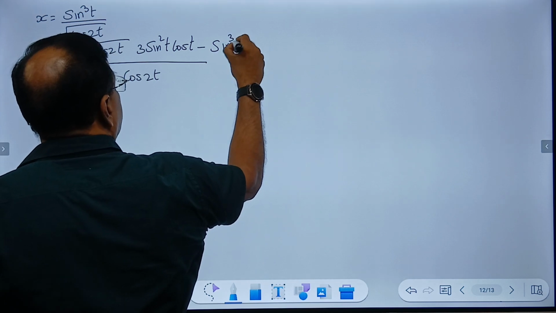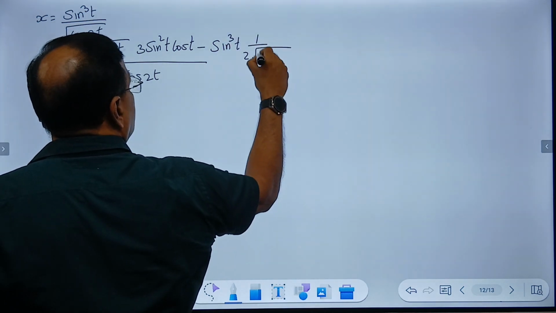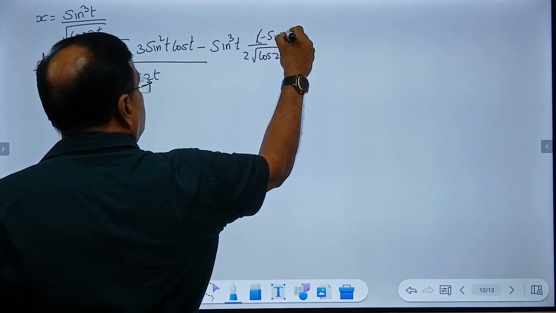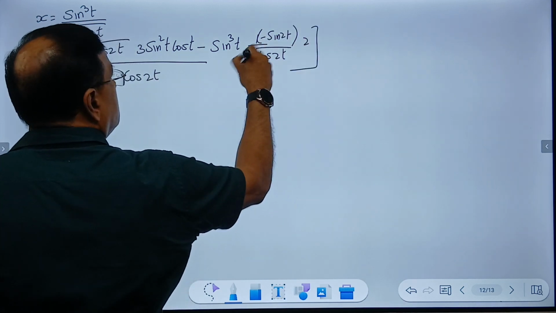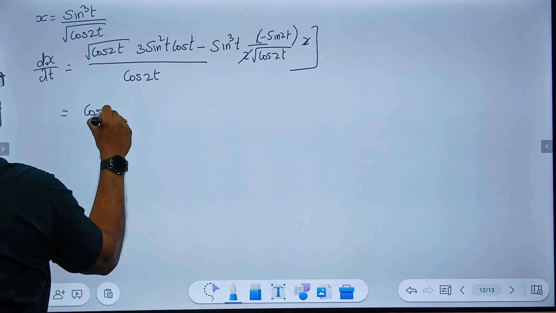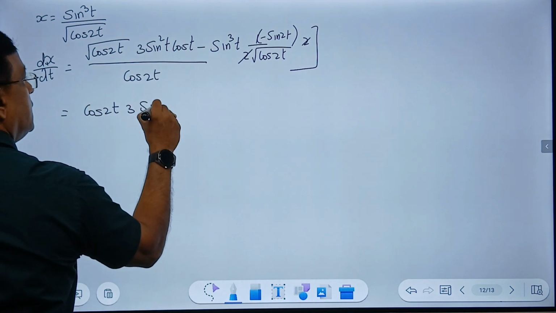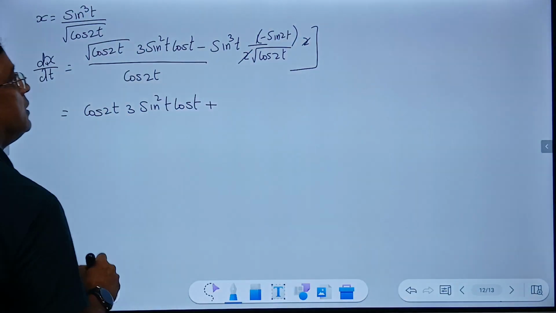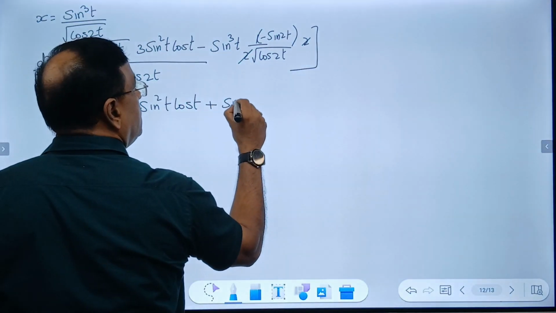Sin cube t into 1 by 2 root of cos 2t into minus sin 2t into 2. So 2 gets cancelled. I take LCM, I get cos 2t into 3 sin square t cos t, and this will be plus sin cube t.